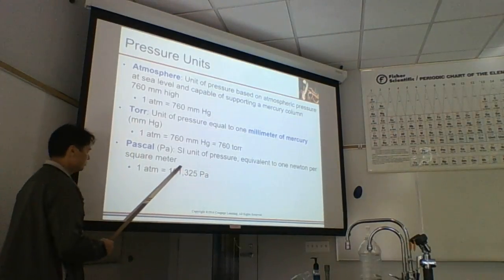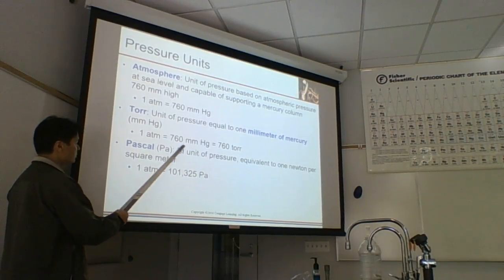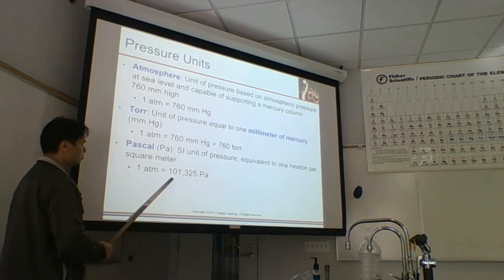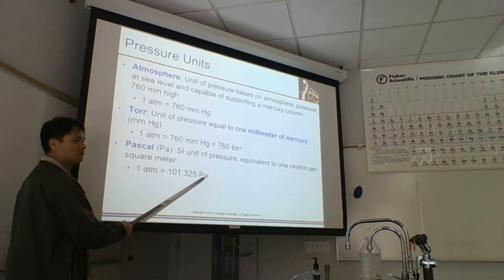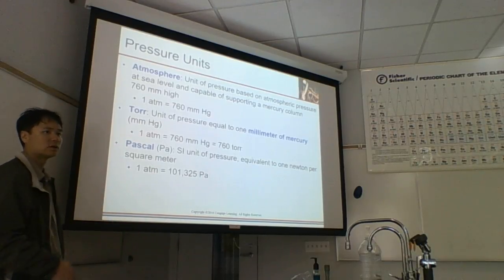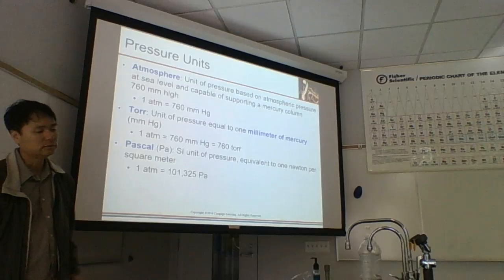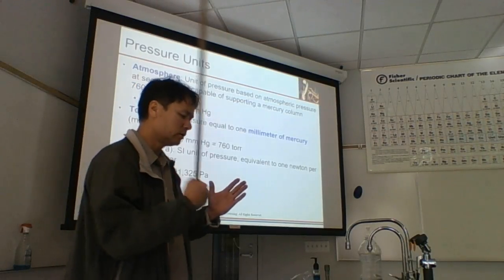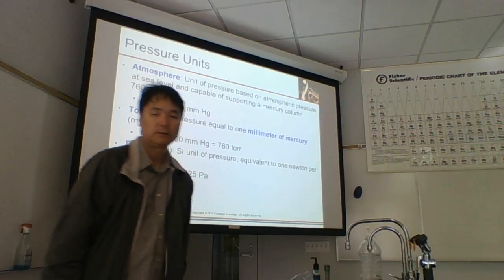And so if I actually did the physics and calculated, then 1 atmosphere or 760 millimeters of mercury is equivalent to 101,325 newtons per meter squared. A newton per meter squared is called a Pascal. So the Pascal is the common physics unit of pressure. A newton is a unit of force. The more newtons, the more force you have in the collisions.